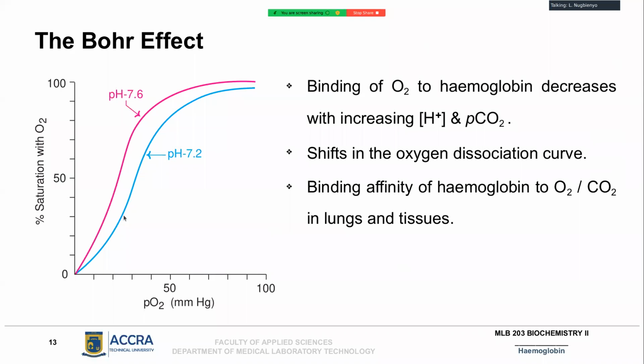In fact, in the tissues, hemoglobin will preferably release the oxygen and pick up carbon dioxide, or pick the protons. So that same saturation graph, which we were looking at for the affinity of hemoglobin for oxygen, will shift to the right in tissues. Is it clear?